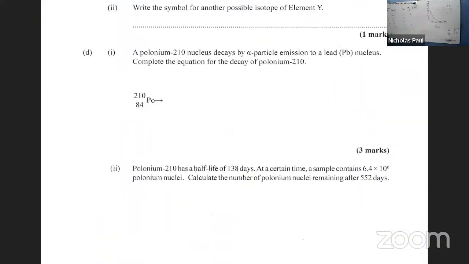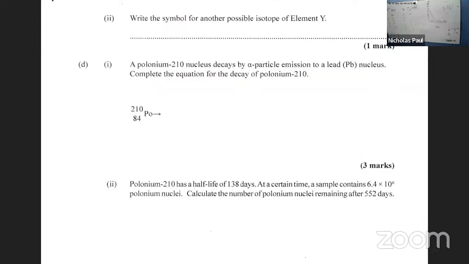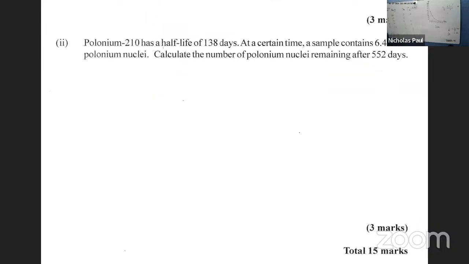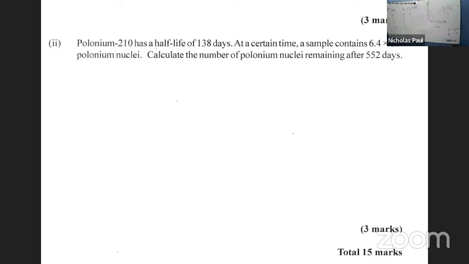Do you remember to do this? Yeah, you're using the formula. Minus 4. All right. Finish? Yes. Part 2. Can you do part 2?